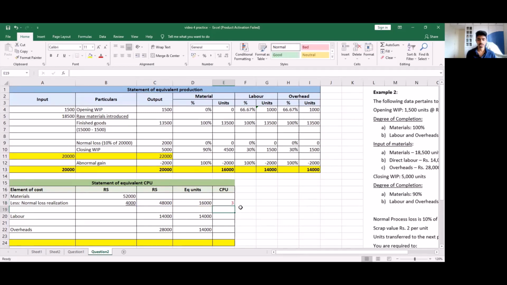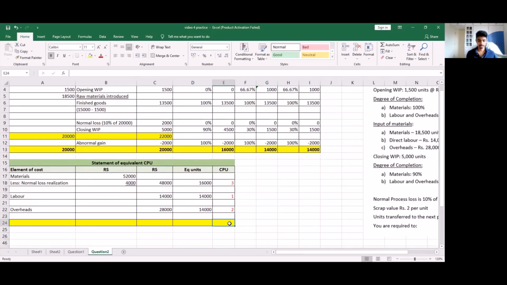We get a cost per unit of 3. Similarly, for labor, we're going to divide 14,000 by 14,000 to get 1 as the cost per unit. And finally, for overheads, we will divide 28,000 by 14,000 and get a cost per unit of 2. By summing this, we will get the cost per unit for our entire one product or one unit. So this is our total cost per unit.